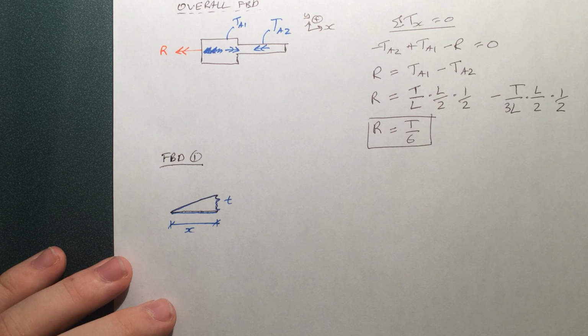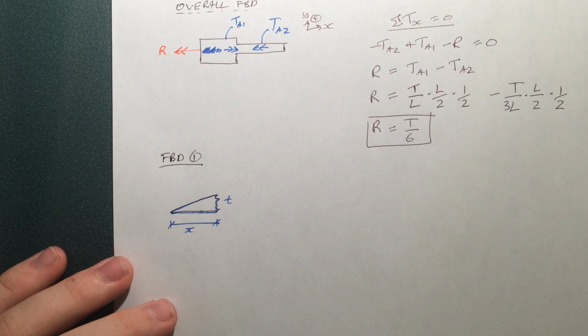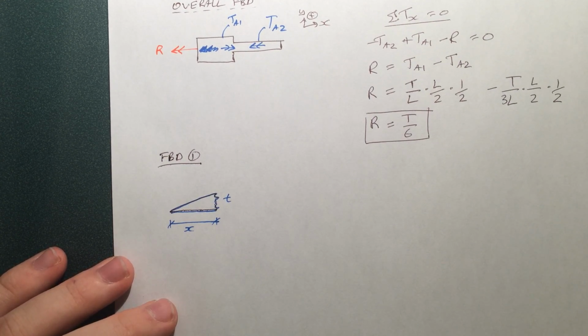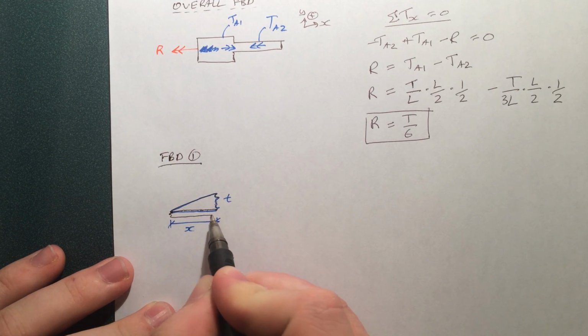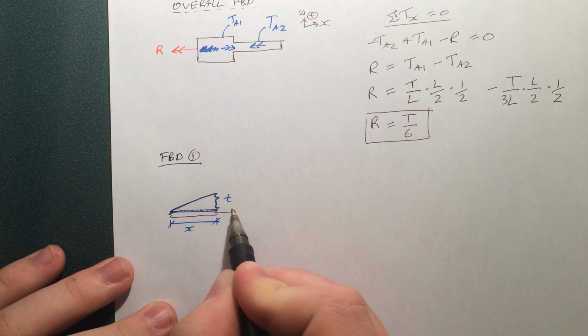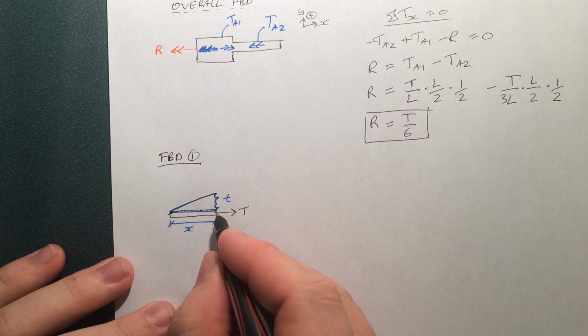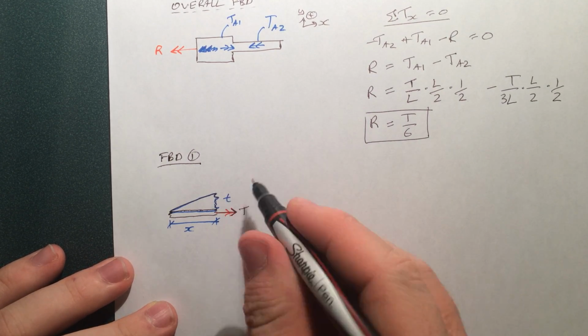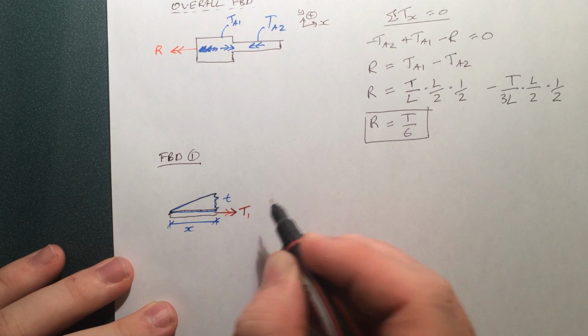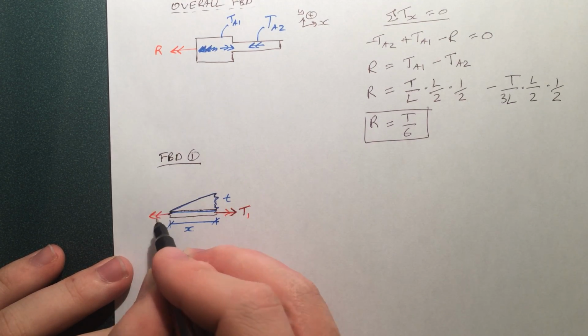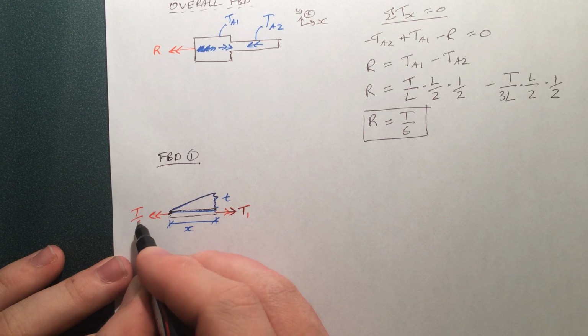This is essentially the loading that's on a free body diagram. So for a full free body diagram, we can draw in the piece, add the force T1, and then of course the reaction, which was T by 6.